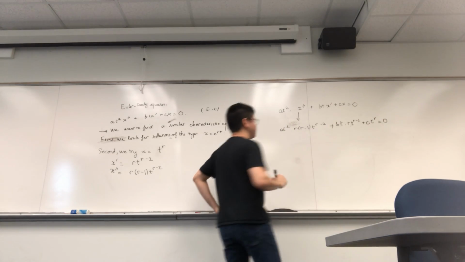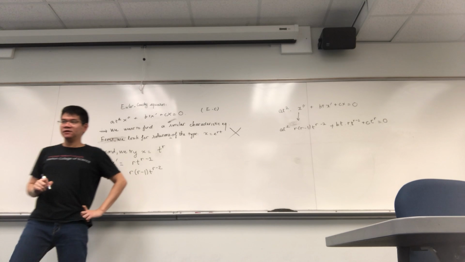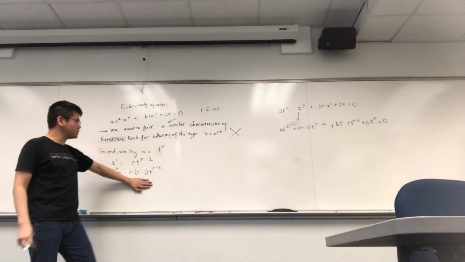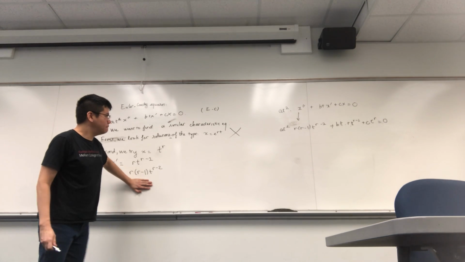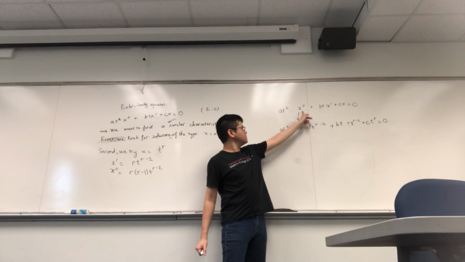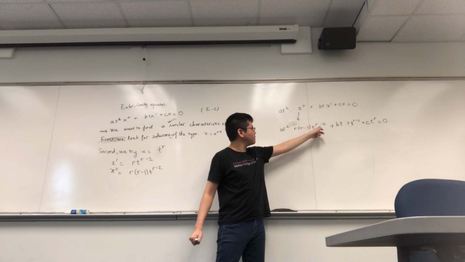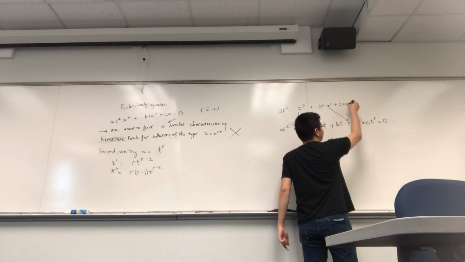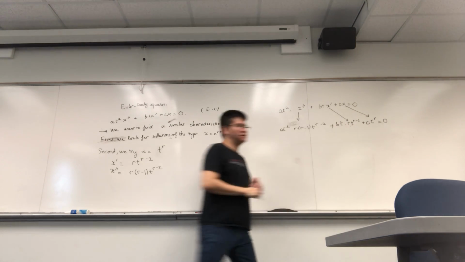All right? Right, so you're going to plug this solution into the equation. So x second will be r times r minus 1 t to the r minus 2. X prime will be r t to the r minus 1 and x will be t to the r.